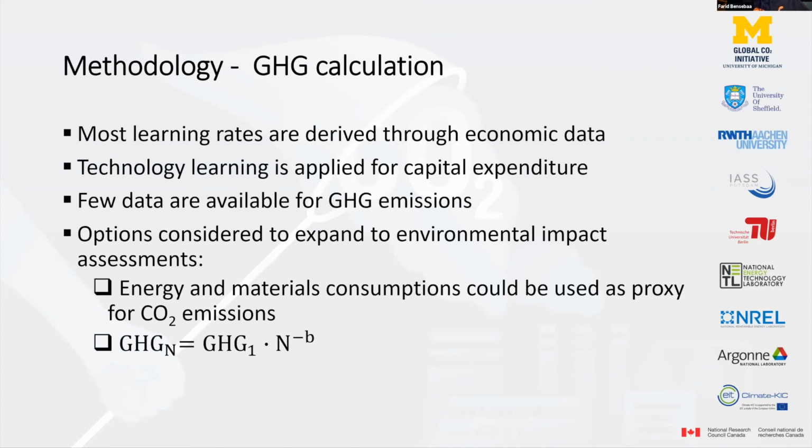Unfortunately, one of the things we realized in the literature is that there's very little data. Probably this is one of the action items that could be suggested following this working group. There is a lot of data on costing analysis, both CapEx and OpEx, but very little data available regarding the evolution of GHG emissions.